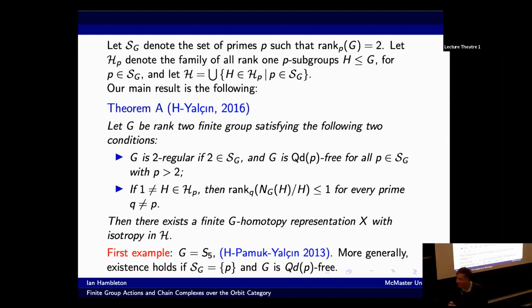But anyway, what this project started from was thinking, well, if you have an action on a G-CW sphere, which is rank 1 isotropy, or as a homotopy representation, let's say, then what you should think of is that at every level, for every subgroup, you have a periodic resolution. So over the trivial group, and then over every fixed subgroup, you have shorter and shorter periodic resolutions corresponding to the dimension of the fixed set.